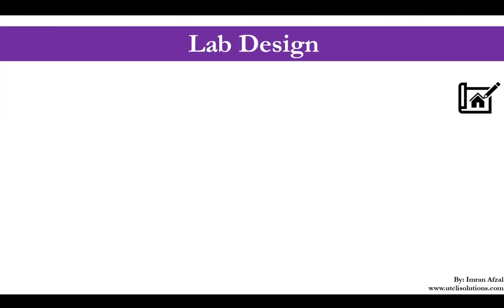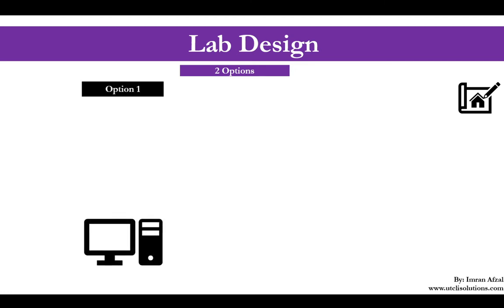Moving on to the detailed design of our lab. So we have two options here. Option number one, we have to find a computer, a desktop or laptop. And let's say your laptop is running Mac OS or Windows. That's perfectly fine.